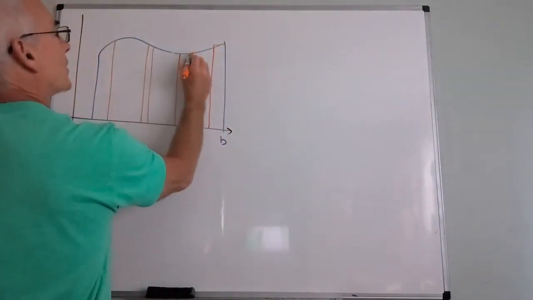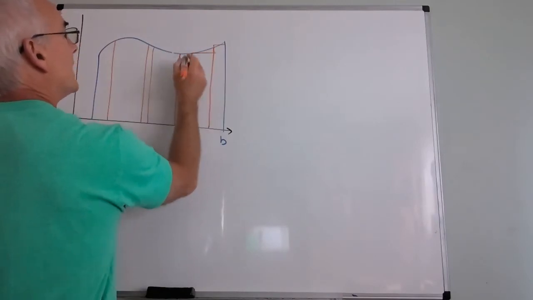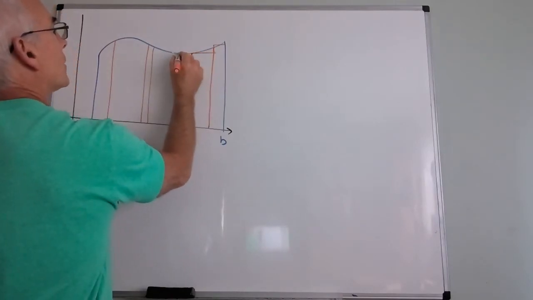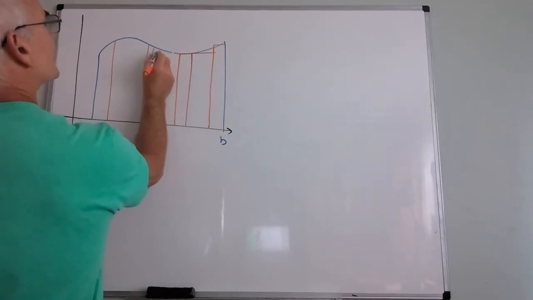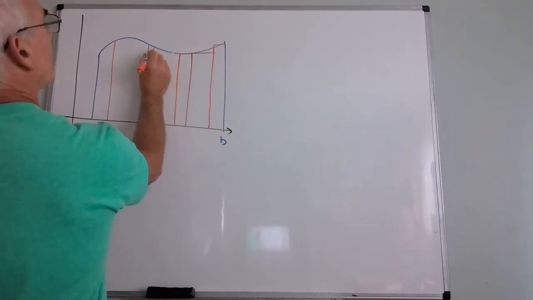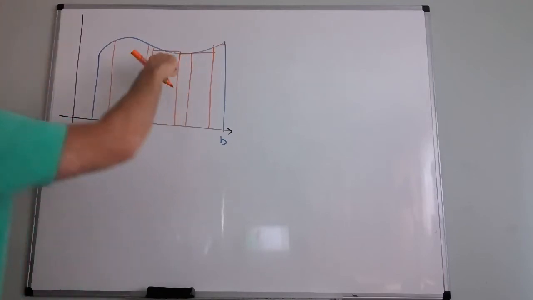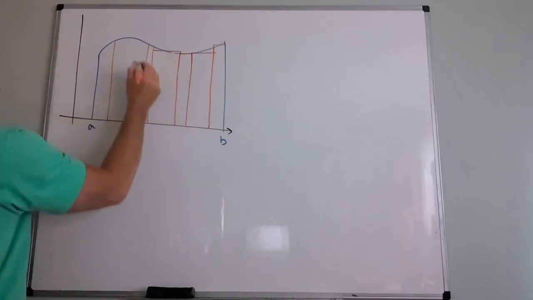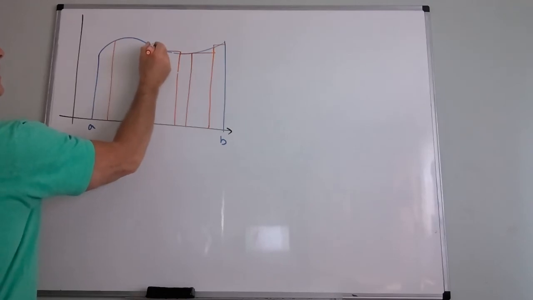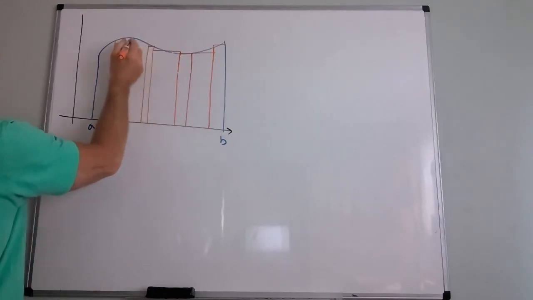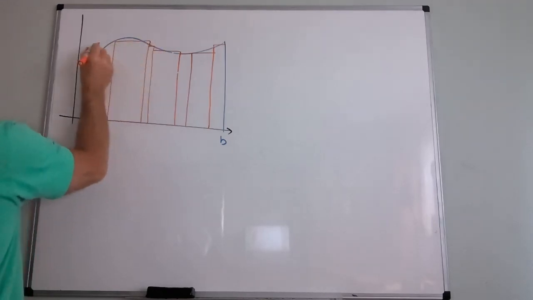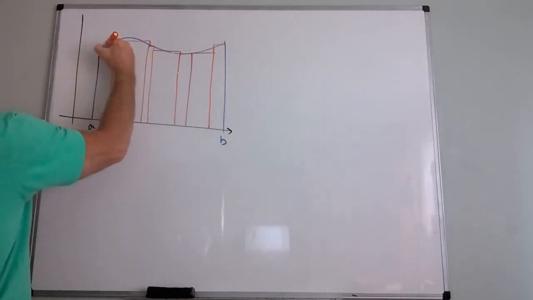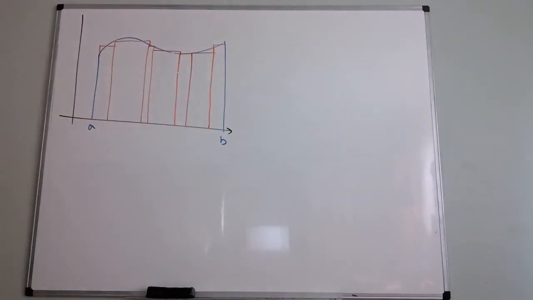Now, this one I decided to actually use the left endpoint, and this one I decided to use close to the midpoint. This one I decided to use, let's say about 24% of the way over. In other words, I'm being completely random here. And here, let's say I decided to use the midpoint-ish, and here maybe 2/3 of the way over, I don't know. And then over here, maybe I did about right there. I'm going to be completely random in my choices of where in the interval to choose the height.